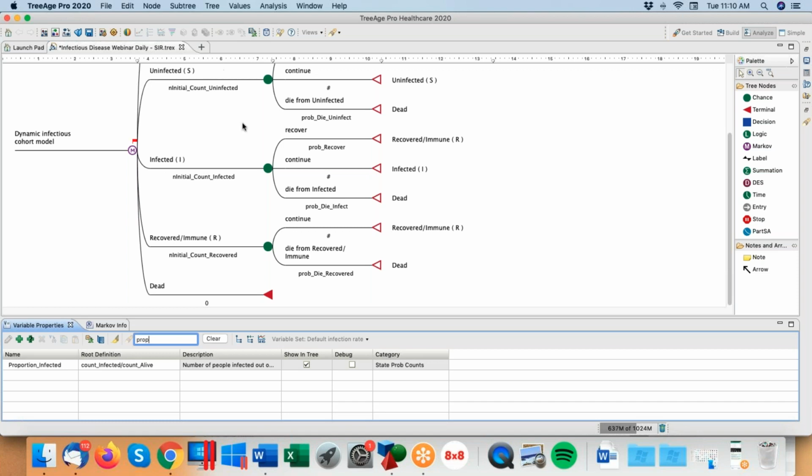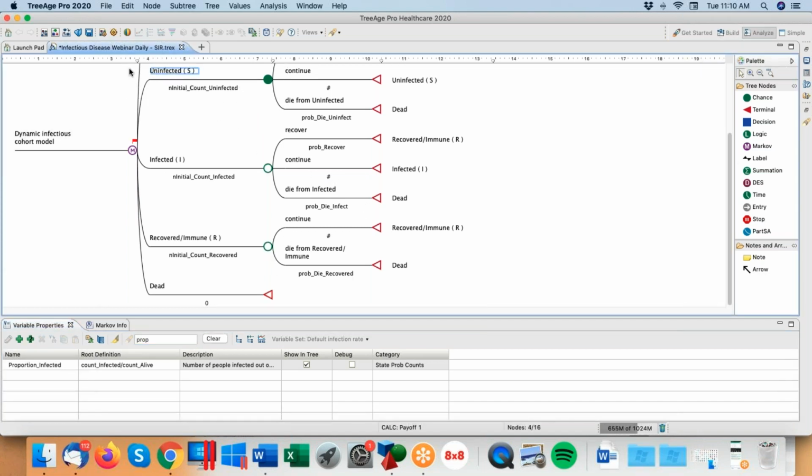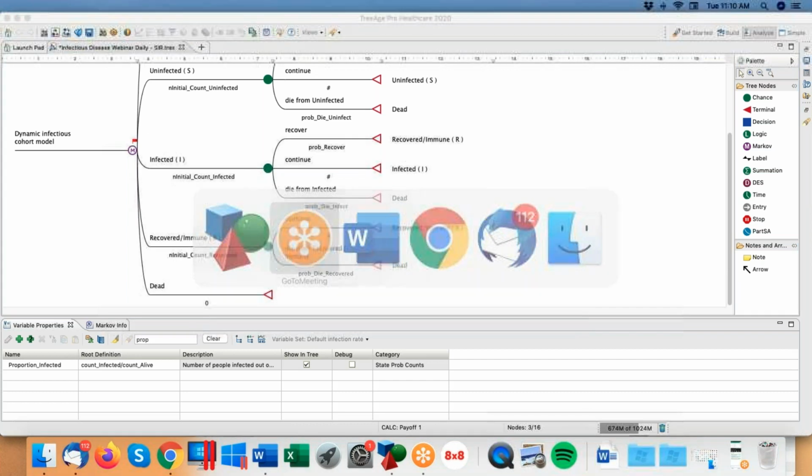So it's the percentage in this state related to the total percentage of people in all the non-dead states. We're going to use that to drive the probability of infection, and that creates that kind of acceleration in cases.